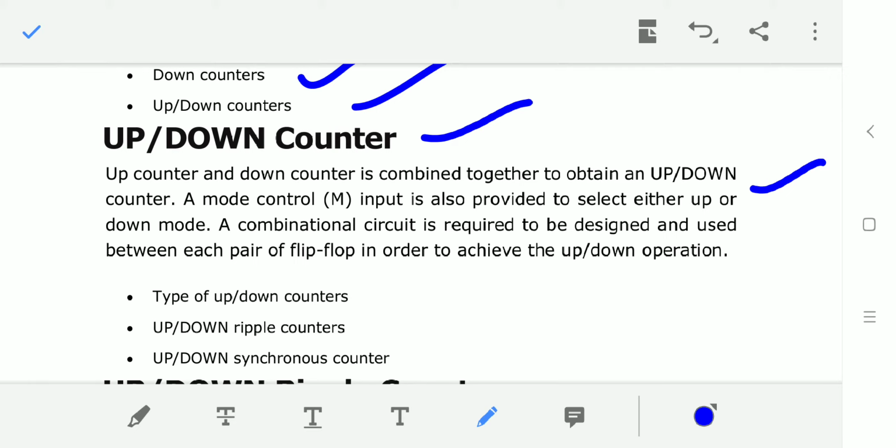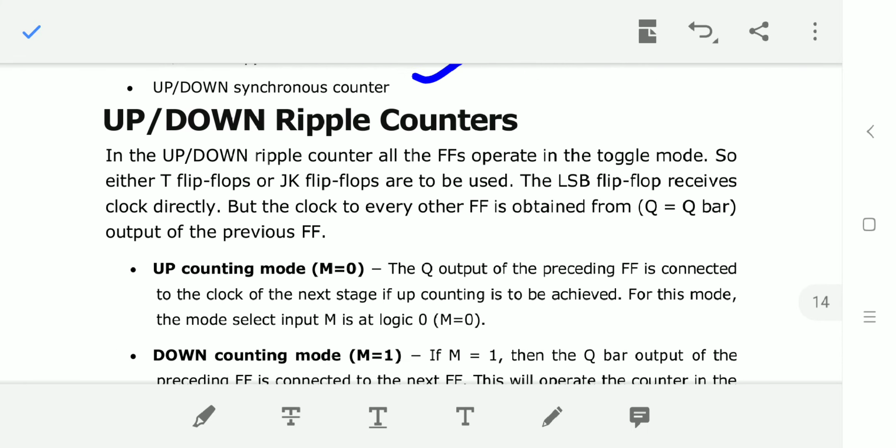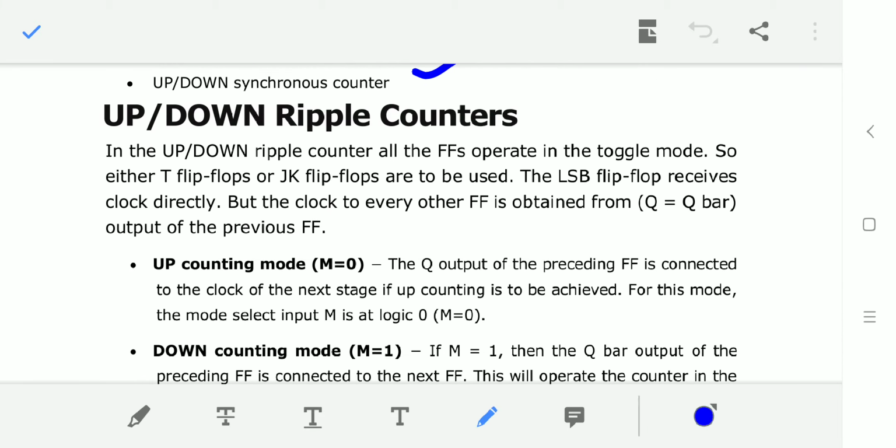A combinational circuit is required to be designed and used between each pair of flip-flops in order to achieve the up-down operation. Types of up-down operations: up-down ripple counters, up-down synchronous counter. Up-down ripple counter.